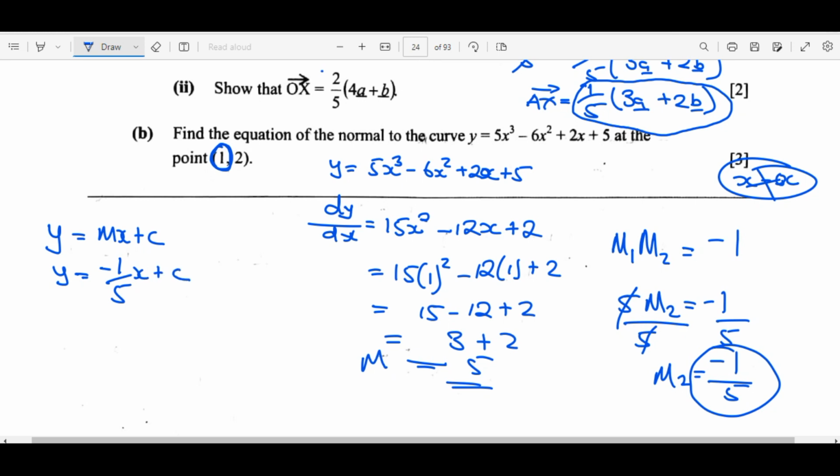So y, what is y? So y is 2 there, so 2 is equal to negative 1 over 5 times 1, plus c, which is constant.